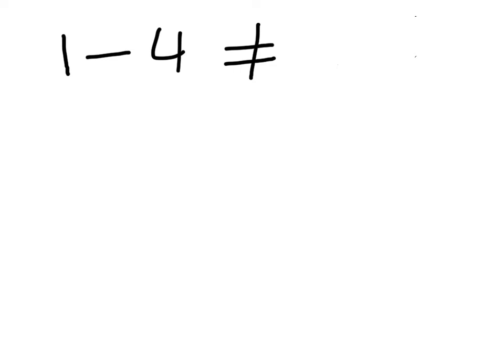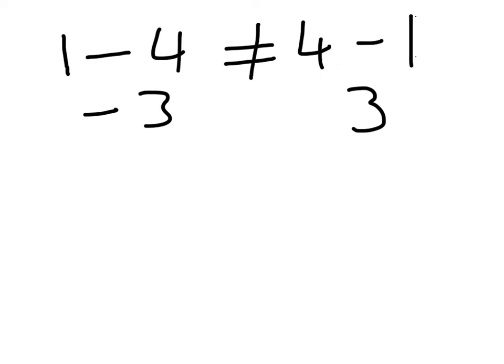Yes, if you have 1 minus 4, it's different from 4 minus 1. 1 minus 4 is negative 3, and 4 minus 1 is 3. So they're opposites and cannot be equal. So the commutative property doesn't work with subtraction.